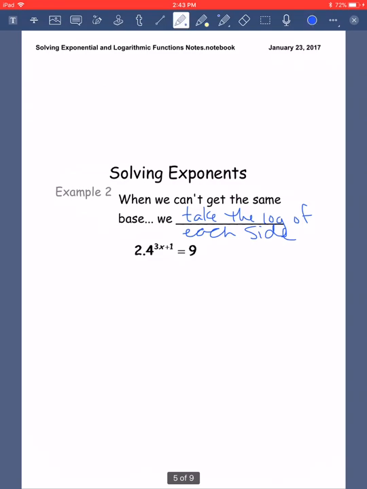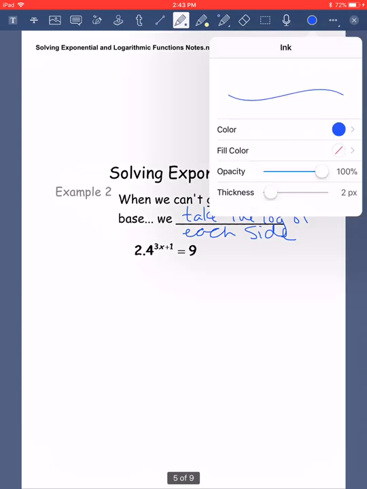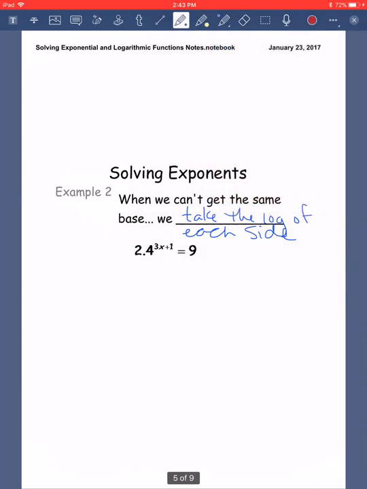So what I'm going to have to do here is take the log of each side, and I'm actually going to have to use a calculator for this. So I'm going to take log of 2.4 raised to 3x plus 1 power equals the log of 9. So I'm using a common logarithm, I'm using a base 10.